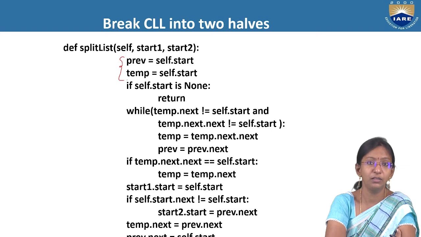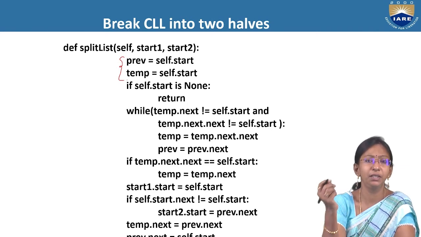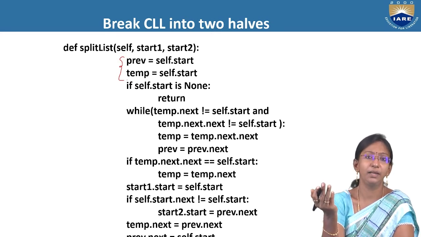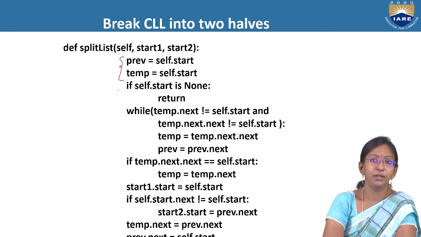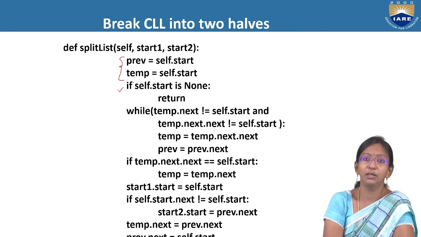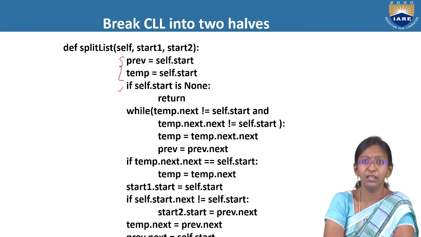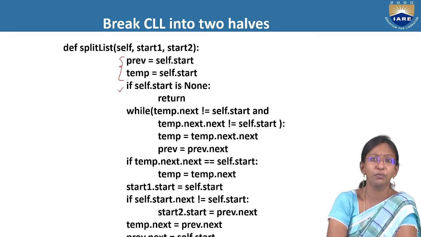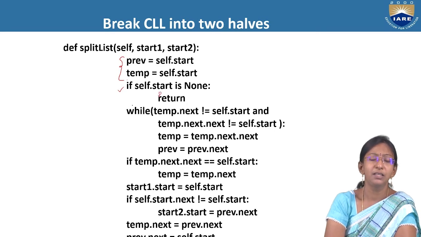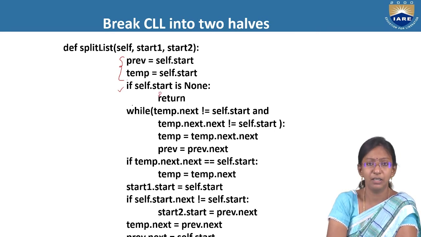A case where there is no list, that is, the circular list has not yet been created. If it is not created, then there is no point in dividing it into two pieces, right? Very good. So I'm going to check the content in this head. If it is none, just return, or you can give a user-friendly statement over here saying that the list does not exist.